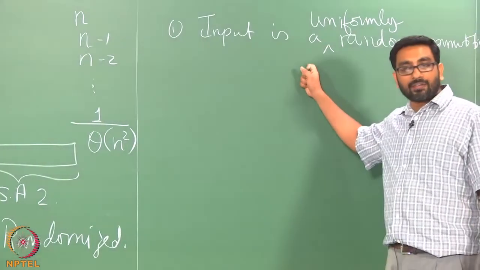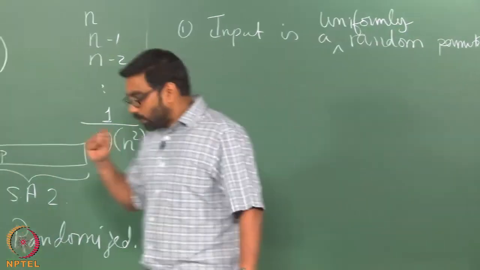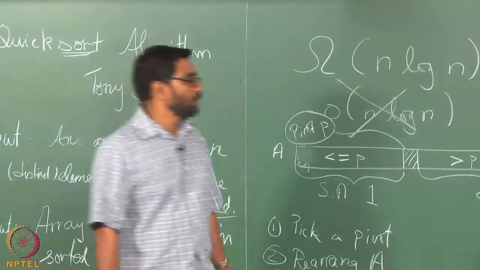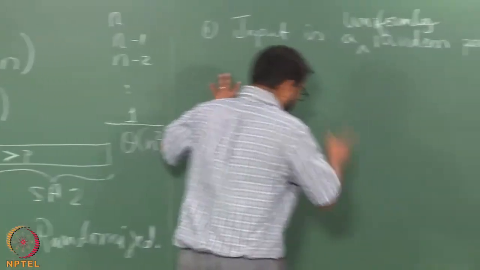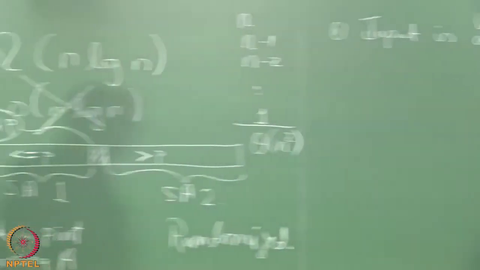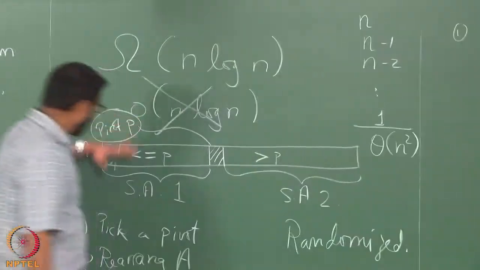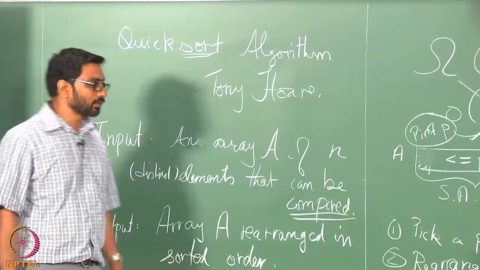n factorial possible permutations, we have chosen one uniformly at random. So each permutation occurs with probability 1 over n factorial. Okay, and if this is the case, then let's intuitively think about what happens when we apply this simple quicksort algorithm.